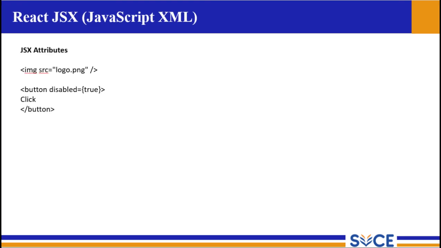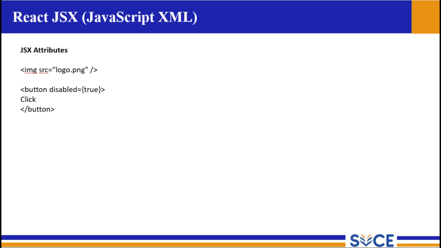Now, let us move on to another important feature of JSX, which is JSX attributes. If you have already worked with HTML, you are familiar with attributes such as ID, class, src, alt, and disabled.